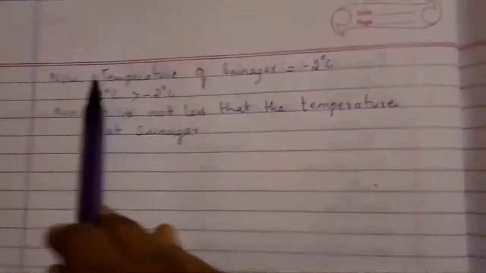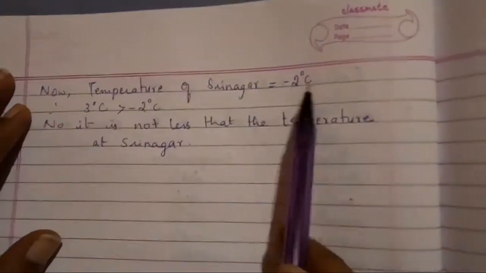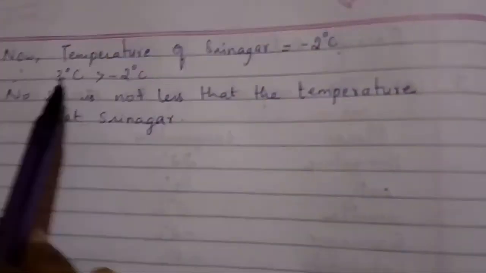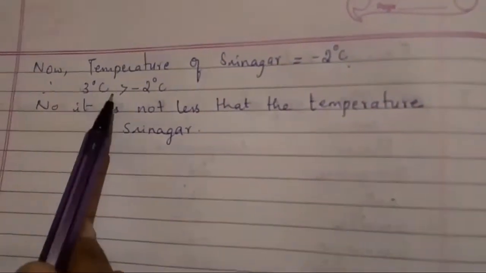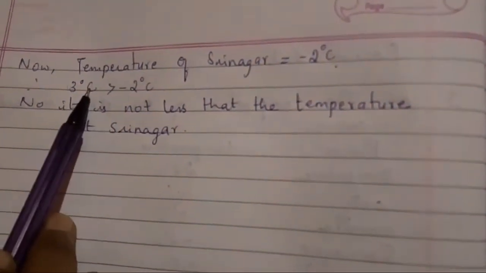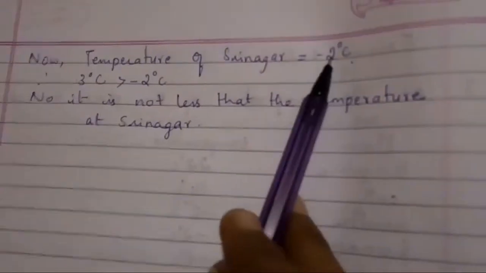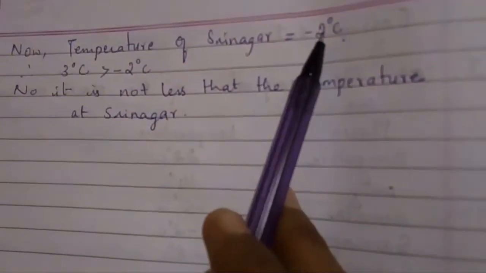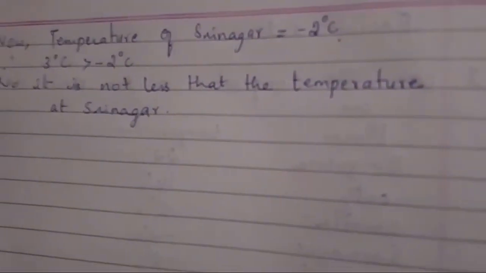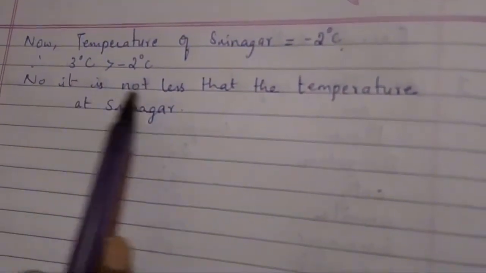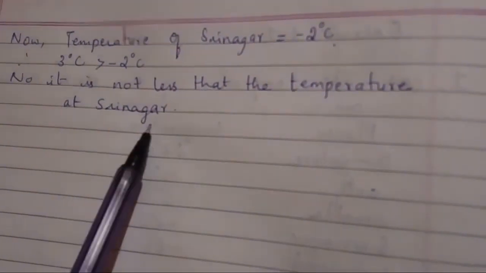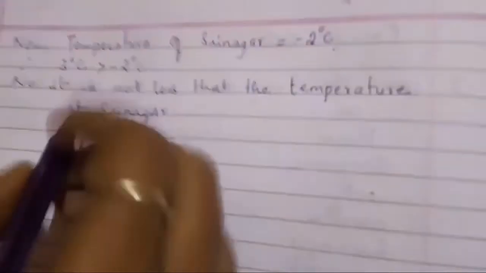The temperature of Srinagar is minus 2 degrees Celsius. We found the together temperature of Srinagar and Shimla, that is 3 degrees Celsius, which is greater than the Srinagar temperature. That means the combined temperature is not less than the temperature of Srinagar. Hence solved.